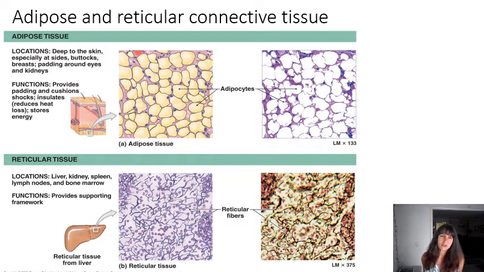Adipose connective tissue helps provide padding and cushion against shock. It insulates our bodies, it reduces the loss of heat, as well as forms a storage site for energy.